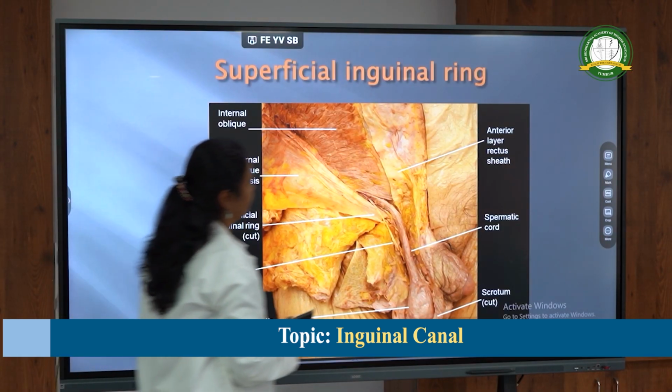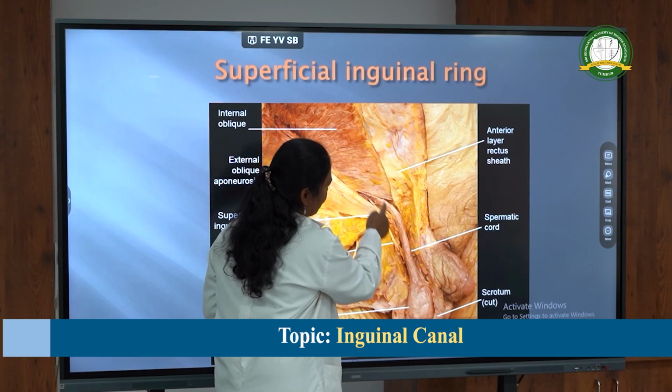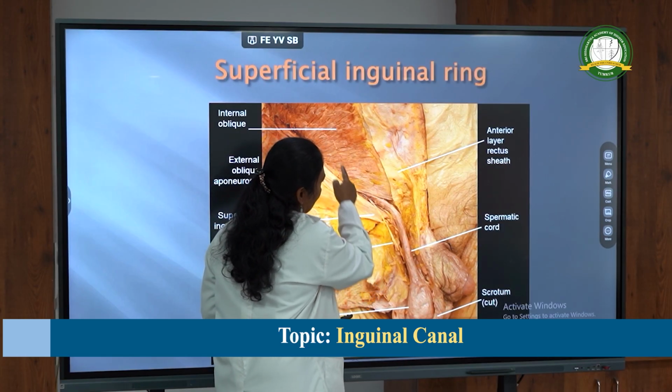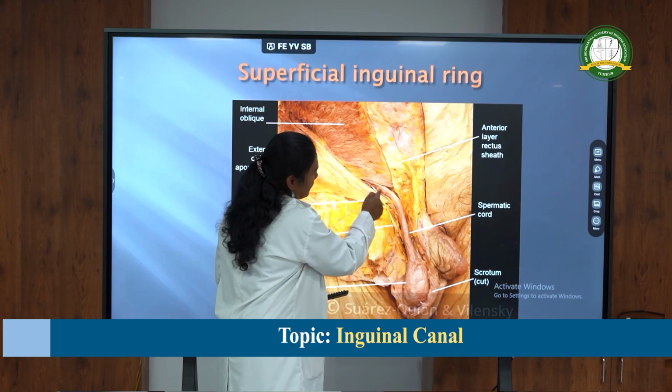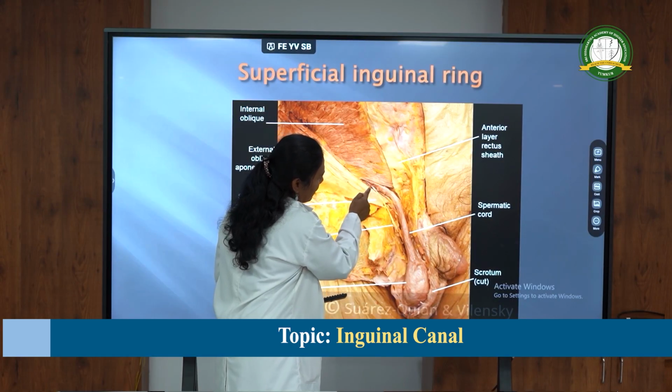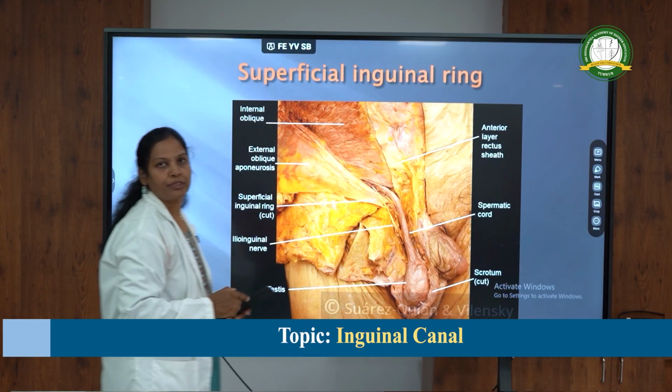In this image, we see the superficial inguinal ring, from where the spermatic cord is coming out. This is the spermatic cord and this is the ilioinguinal nerve, which are emerging from the superficial inguinal ring.